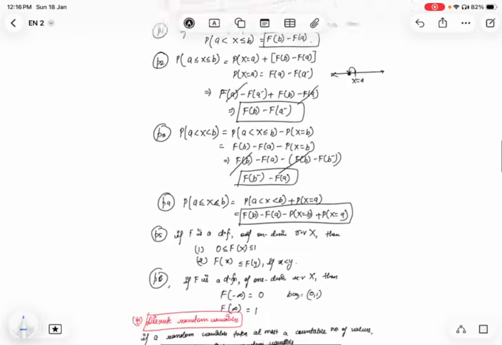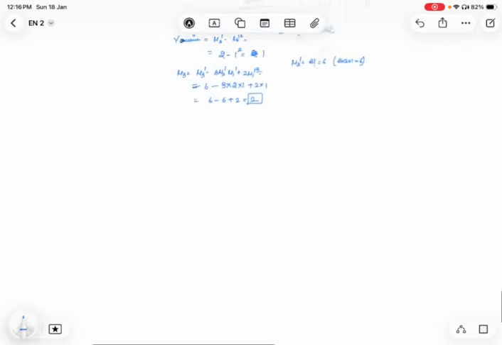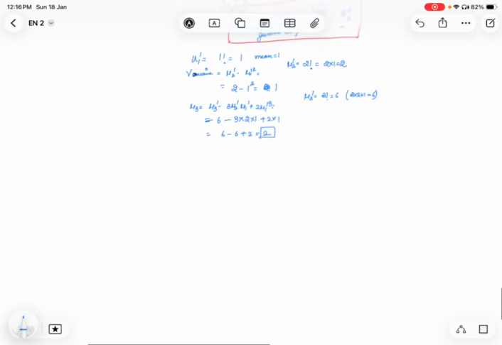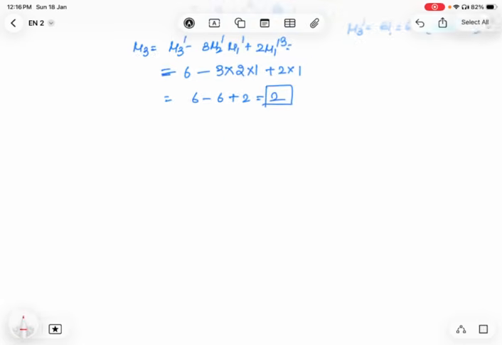One more topic I left to teach you, that is the continuous distribution function. Yes, I just remembered. Sorry, I left an important thing, that is the continuous distribution function.